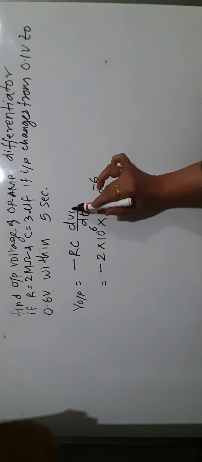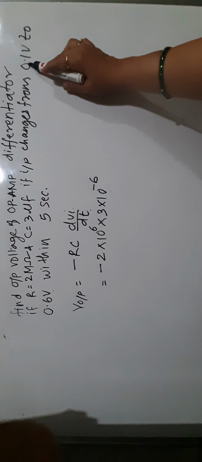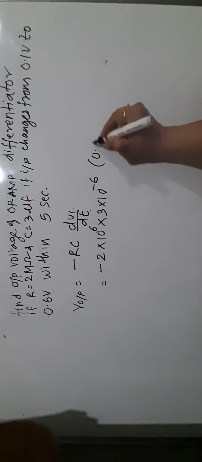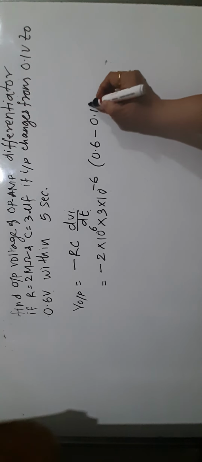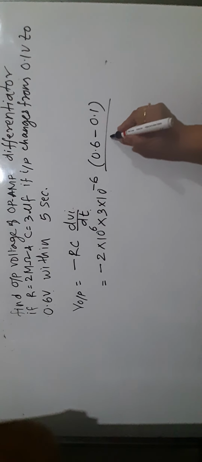Now dVi by dt, so the change in input voltage with respect to time. How does the input change? The input changes from 0.1 volt to 0.6, so the change will be 0.6 minus 0.1 upon dt, and the time period is 5 seconds.